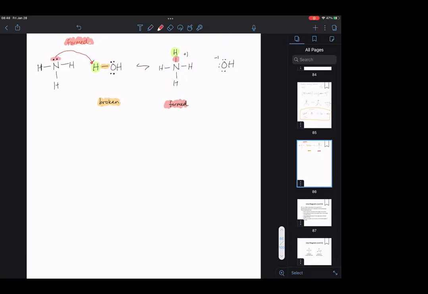So this pair of electrons on that nitrogen is what now forms that new covalent bond. This pair of electrons is going to go from that chemical bond and then be associated only with that oxygen. So that's my bond that's being broken. Okay, so our electron pushing arrows represent the movement of the electrons in this reaction.